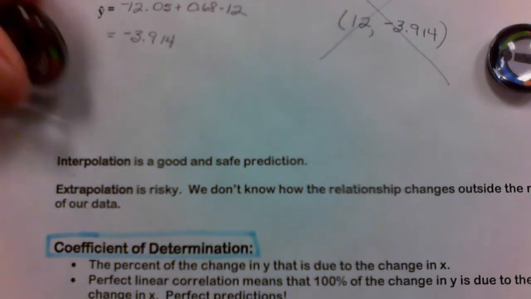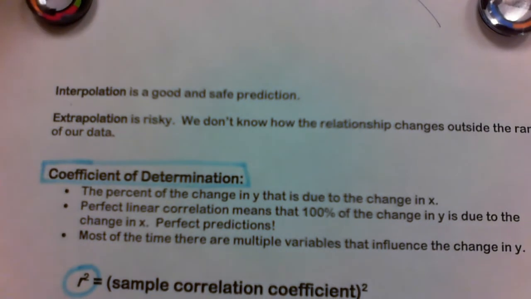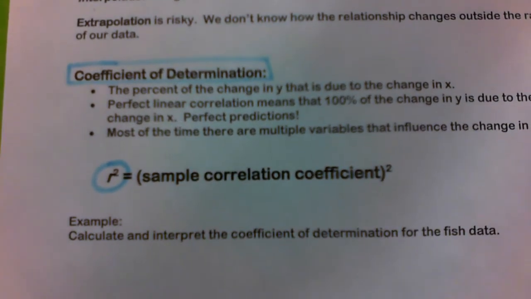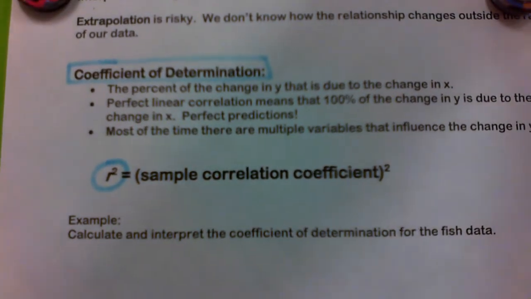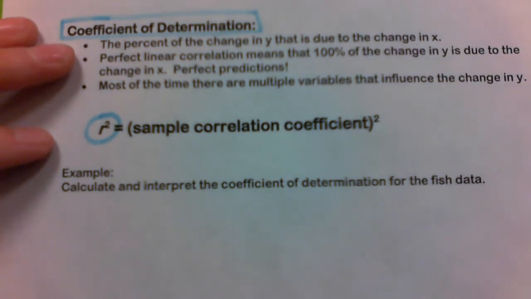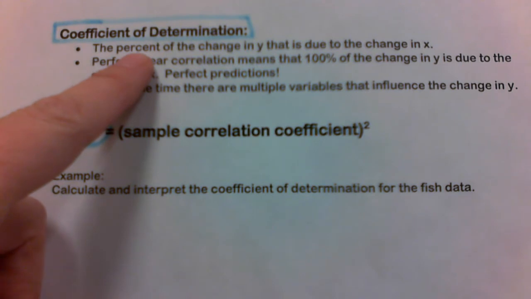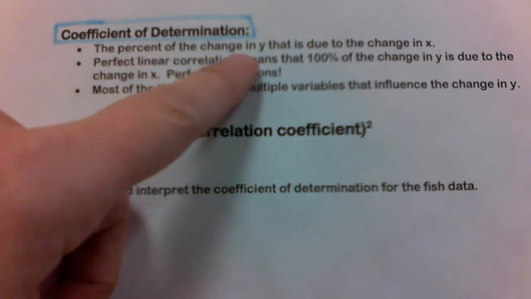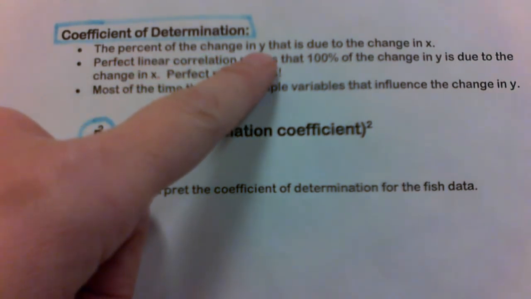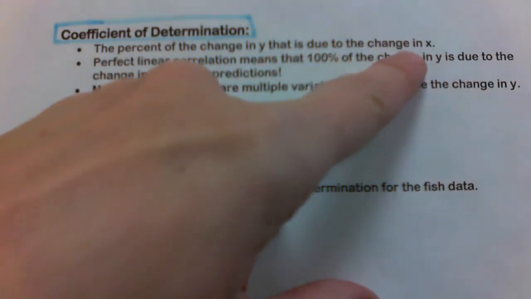All right, the last concept that we're going to look at in 9.2 is what is called the coefficient of determination. This is the percent, so it's going to give us a percentage of the change in y, which in our case would be the weight, that is due to the change in x.